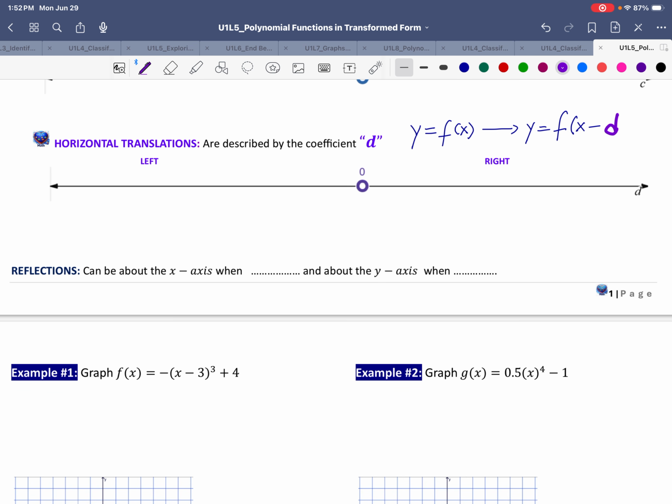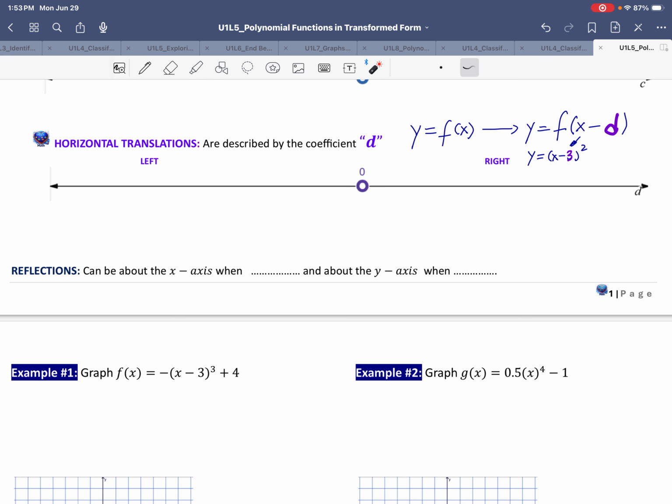Now, if the coefficient d is positive, and I want to make a note of this, you probably remember the parabolas from grade 10. You should, by the way. If you had y equals (x minus 3) squared, we said that the horizontal translation was to the right.